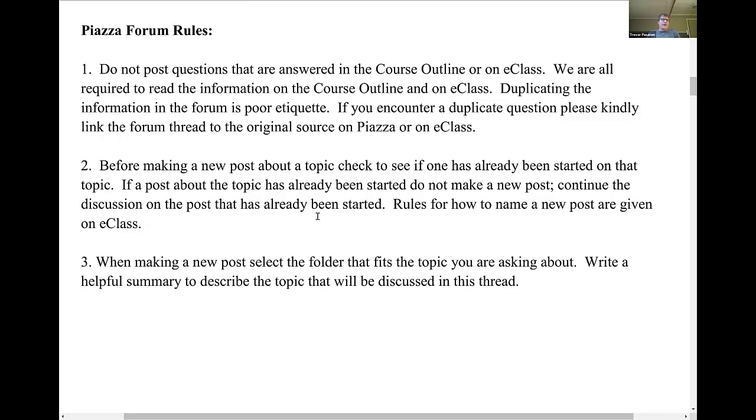If we keep everything about one question under the same post, that's better. And it's perfectly fine if you're trying to look for something and you can't find it, then you post on Piazza and say, I can't find this, and we can link you to the right spot where you're supposed to find it. So the better etiquette, instead of answering or asking a duplicate question, is to give us a source of somewhere on Piazza or on eClass where it's already been answered.